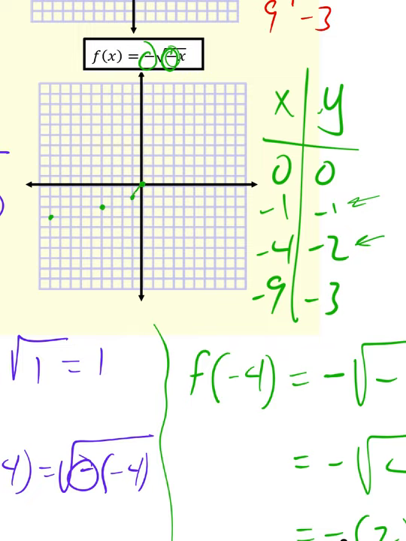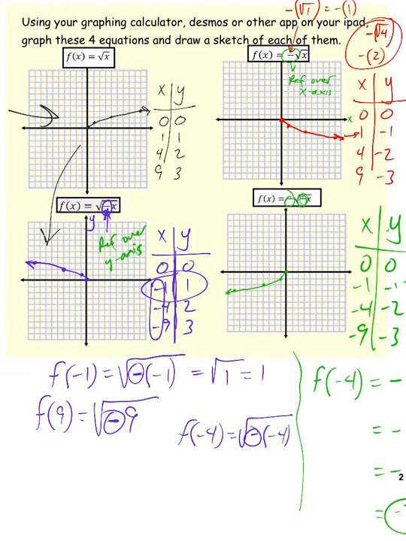So you can see what's happened here is this is a double reflection, okay? Which ends up actually being a 180-degree rotation as well, from the original to the green graph. But what we've really done is when we had the negative on the inside, that reflected us again over the y-axis.